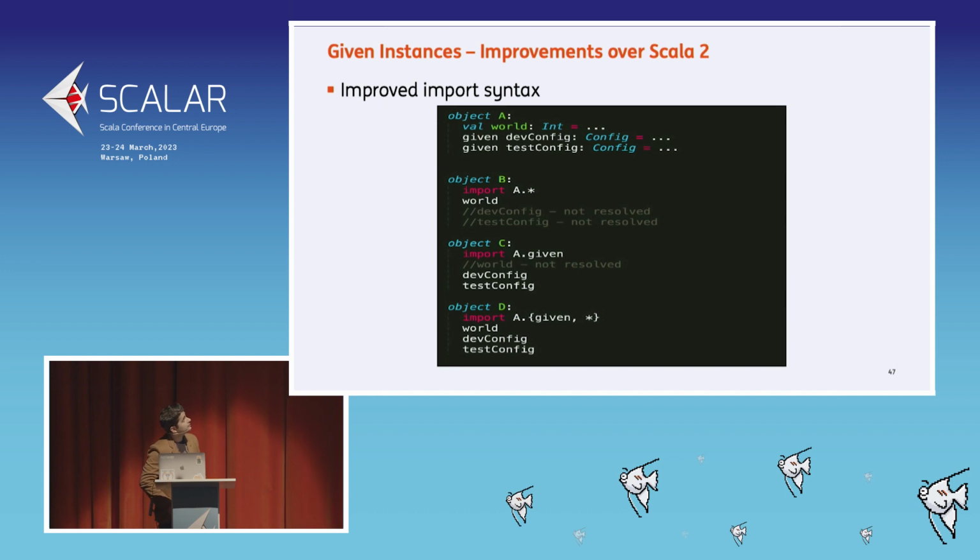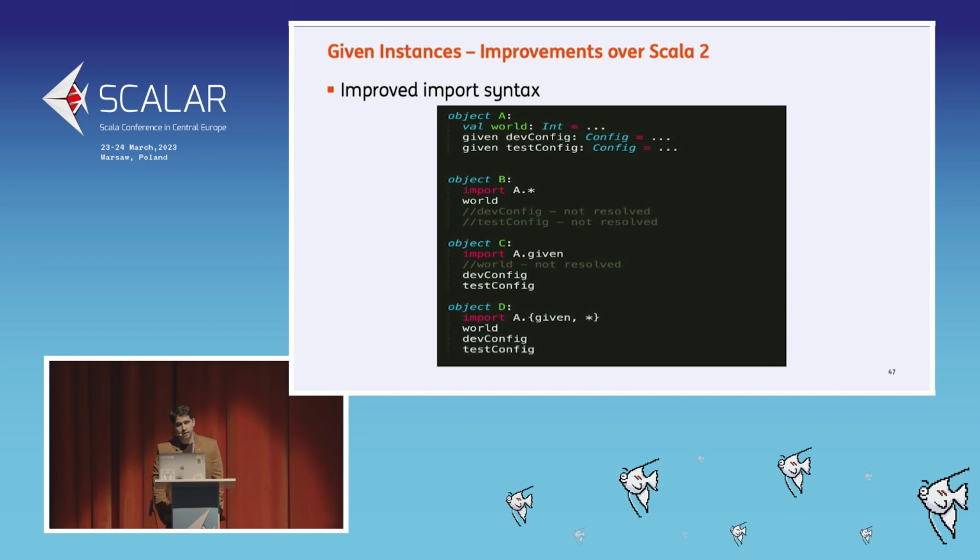Let's look at an example to understand this. We have an object A, and it has some normal properties like an integer, and it also has some givens inside it. Now, if you look at object B, we are doing a dot wildcard import, and that wildcard import will bring all the properties of A except the givens.